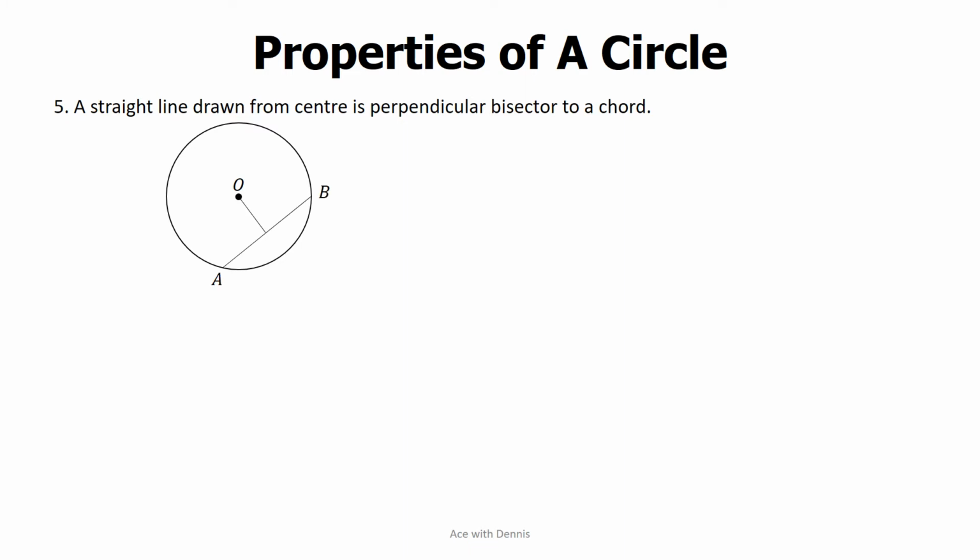If I draw a straight line from O and it touches the chord AB at M, it will be perpendicular. And this point M is the center of AB. So we can write here that OM is perpendicular to AB and M is the midpoint of AB.